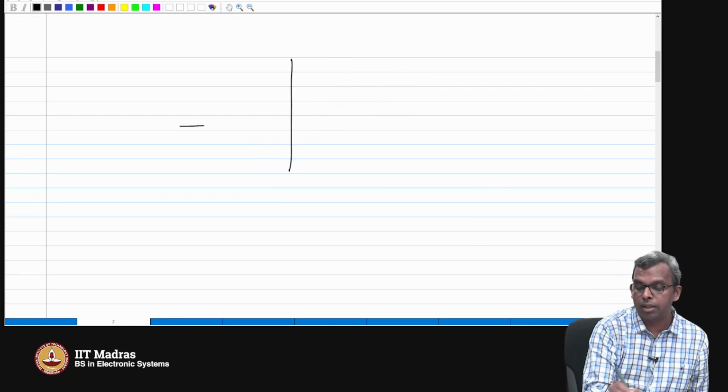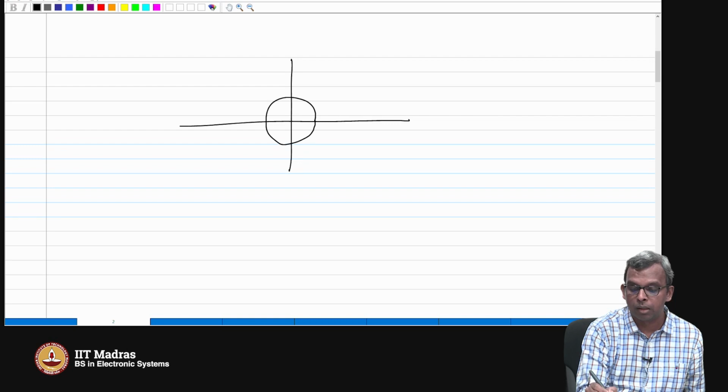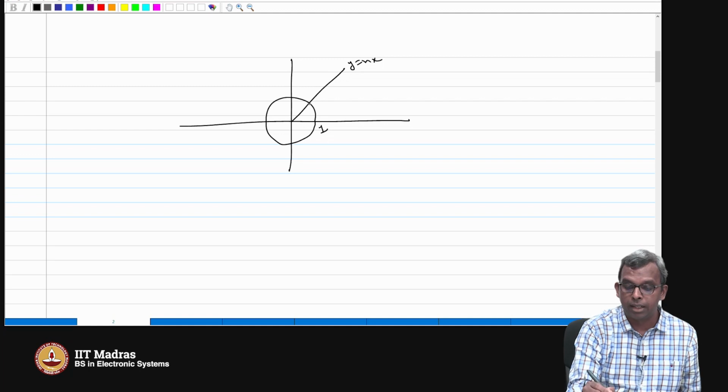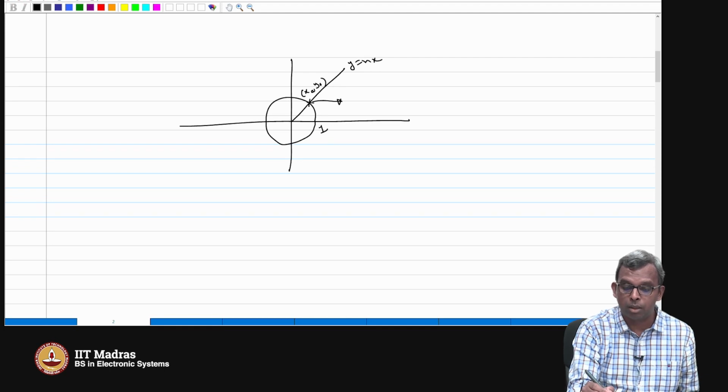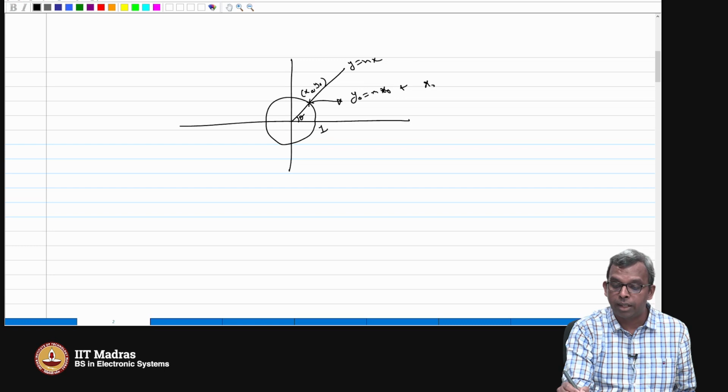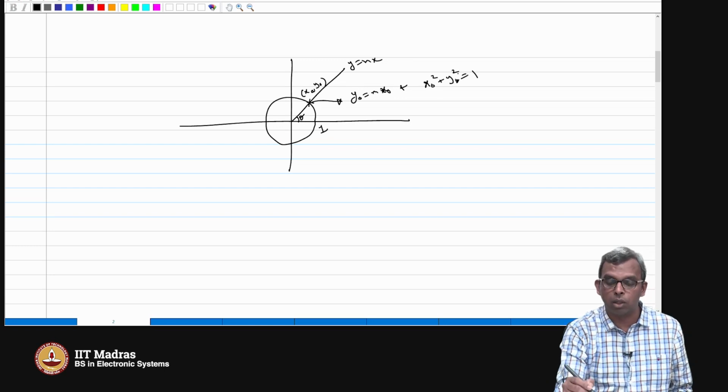If you have a unit circle and you consider a line y equals mx, this point here, let us say is x naught, y naught, the point where this straight line intersects the circle. This point satisfies two properties: y naught equals m x naught because it's on the straight line, and x naught squared plus y naught squared equals 1 because it's on the circle also.